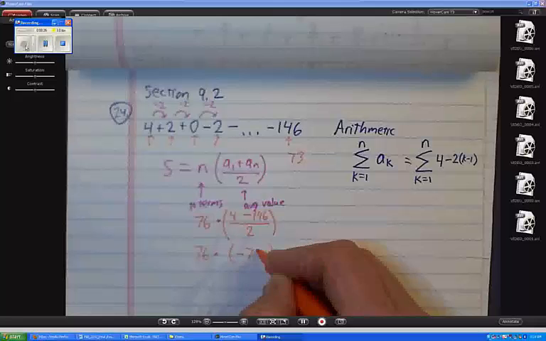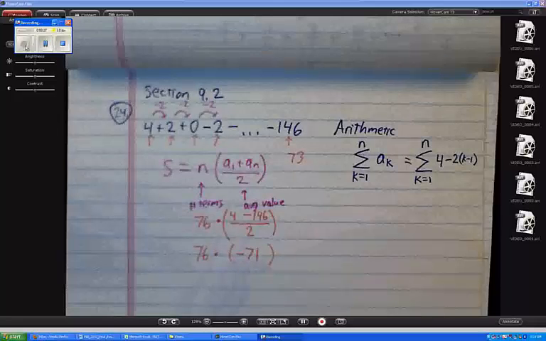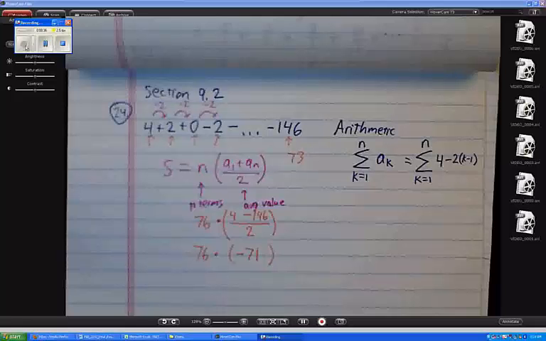And so if you can do 76 times 71, put a negative sign in front, you should get it. Does that give me the answer? Negative 5,396.